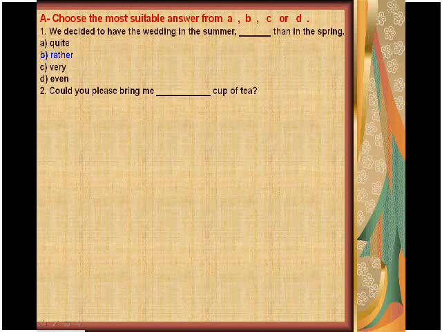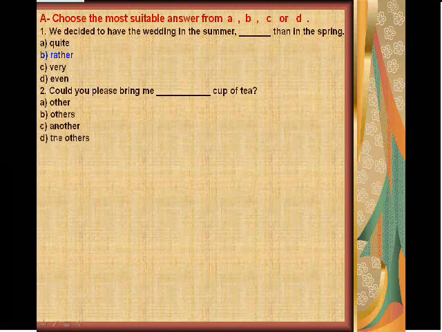Number 2. Could you please bring me cup of tea? A, other. B, others. C, another. And D, the others. So, number 2, could you please bring me cup of tea? Of course, here you have singular cup.